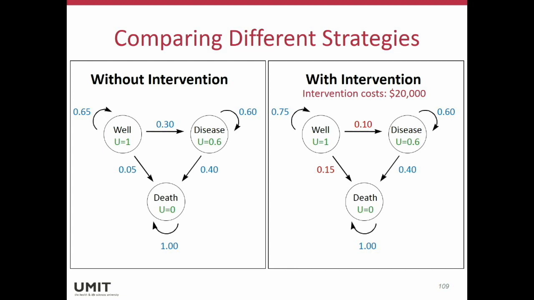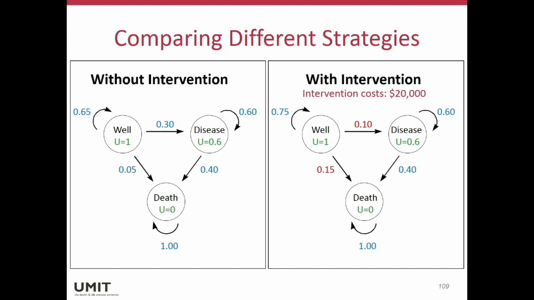Here, the intervention decreases the risk that the people get the disease. So now, the transition probability from going from well to disease is only 0.1.